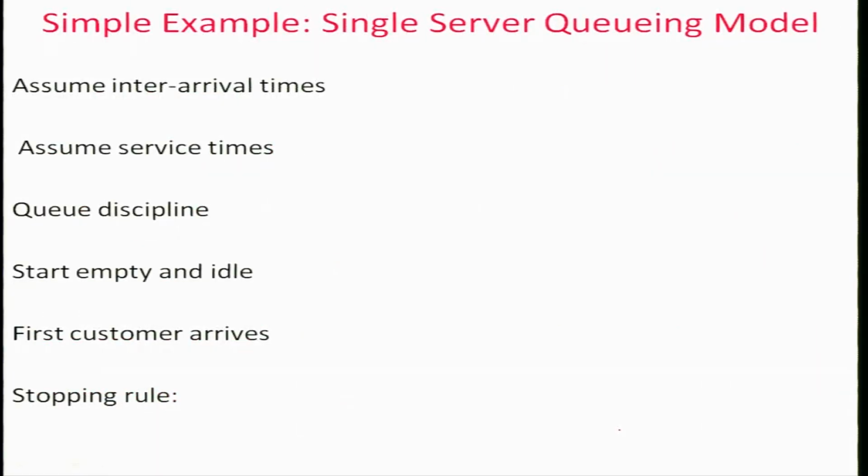Now, in the simple example that we were promising, the single server queuing model, we discussed earlier that we will do a hand simulation of this so that we can understand how the system works. A single server model, as I drew earlier, has a server, one individual serving here, and entities waiting to get served in the queue.